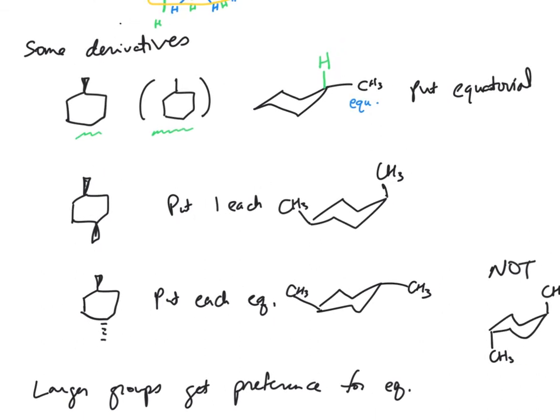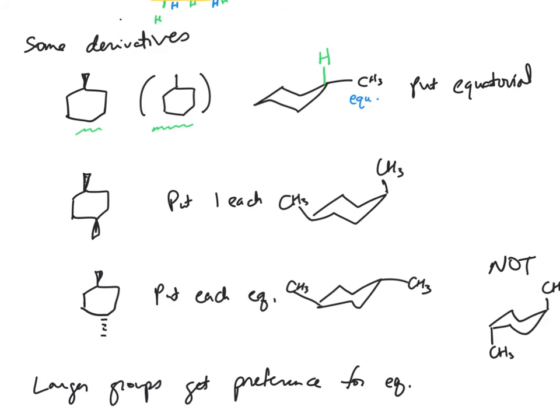When you have 2 substituents, then you have to start making choices. So let's say that you've got 2 methyl groups and they're both wedges. Well, you need to figure out if these are going to be equatorial-equatorial or equatorial-axial. And that's based on whether they're up or down.